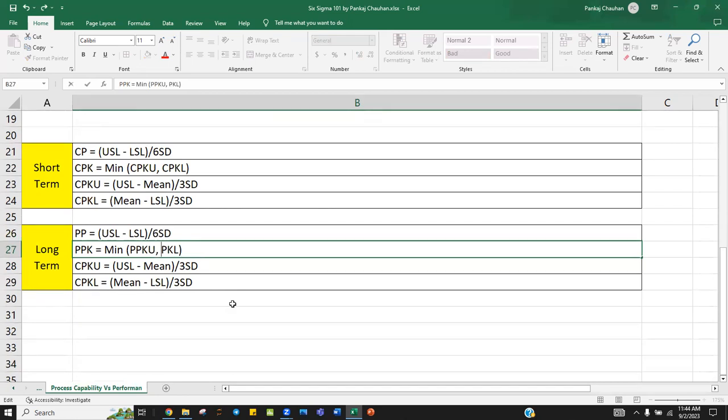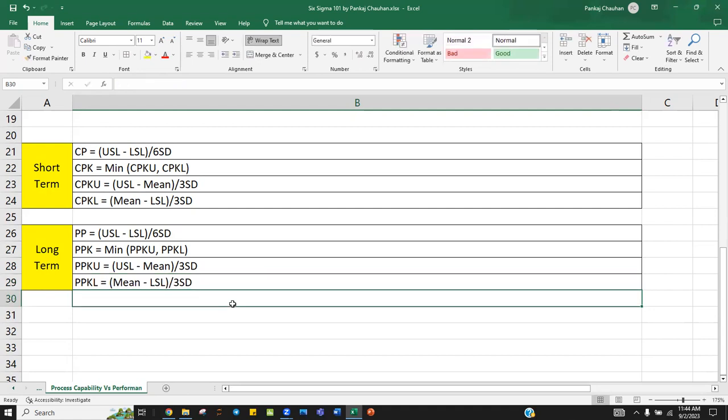Whichever is minimum, that will be your PPK. Similarly, PPKU will be calculated by USL minus mean divided by 3 standard deviations, and PPKL will be calculated by mean minus LSL divided by 3 standard deviations.